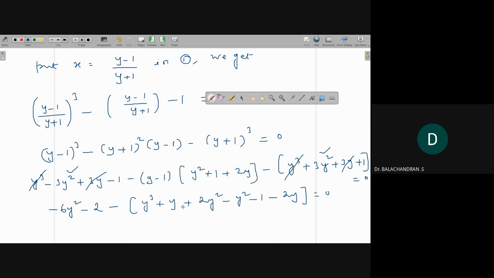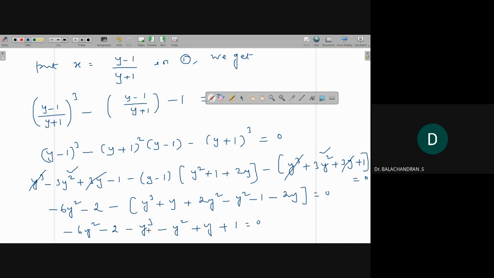So here minus 6y square minus 2. I think only y cube minus y cube cancels. How many y square terms? Plus y square, but here we have minus, so minus y square, minus y, so minus of minus is plus y, plus 1 equal to 0. So throughout multiply by minus 1.